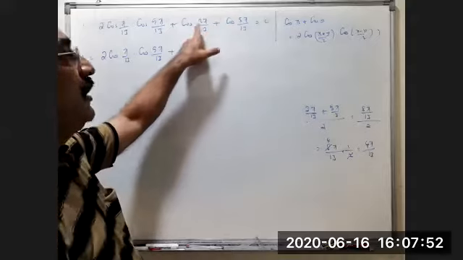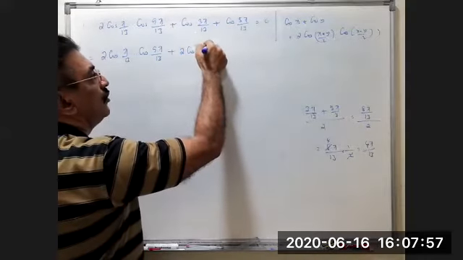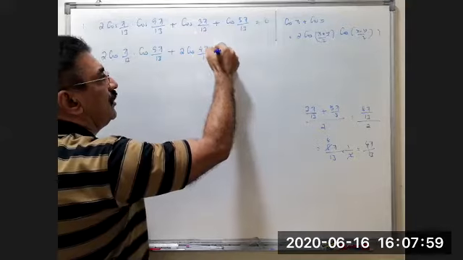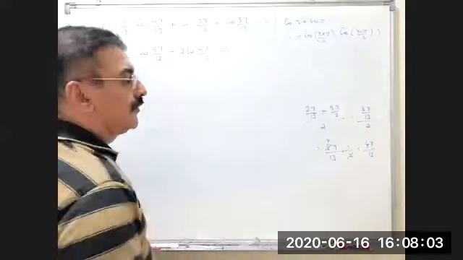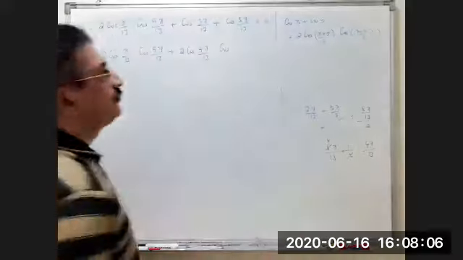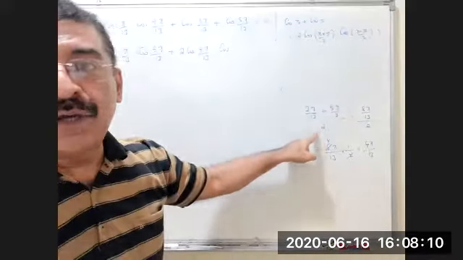5 plus 3 is 8, 8 by 2 is 4. So 2 cos 4 pi by 30 into cos, again, show this calculation inside.